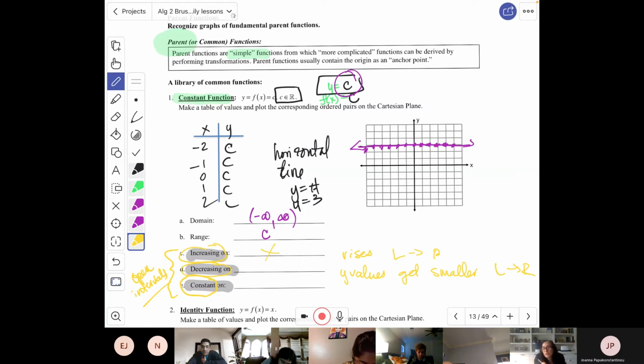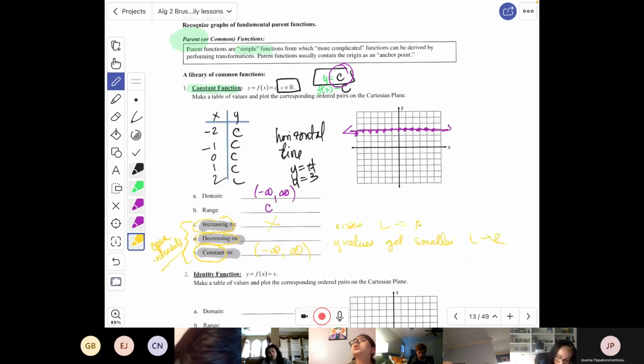Well, intervals define domain values. So if I look at the x values for which this function is constant, isn't it all real numbers? Isn't it always constant? I mean, it's a constant function. So since it's a constant function, by definition, it's constant over the entire open interval.